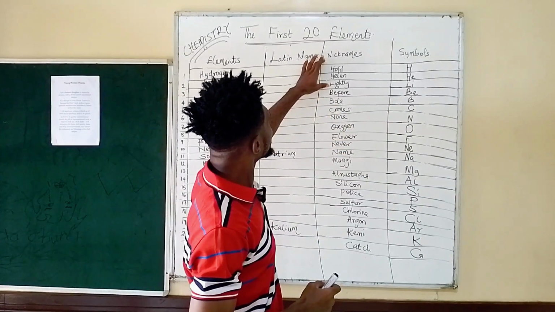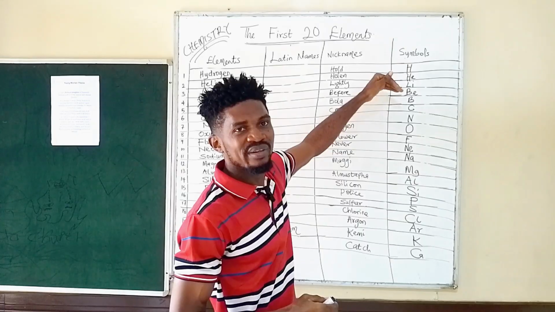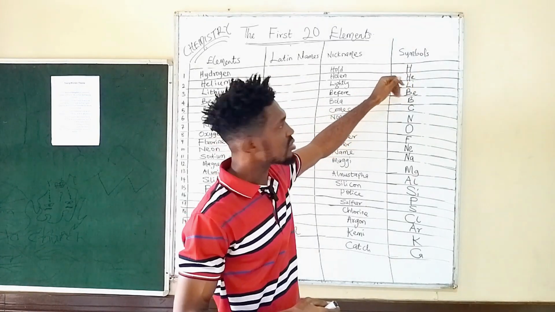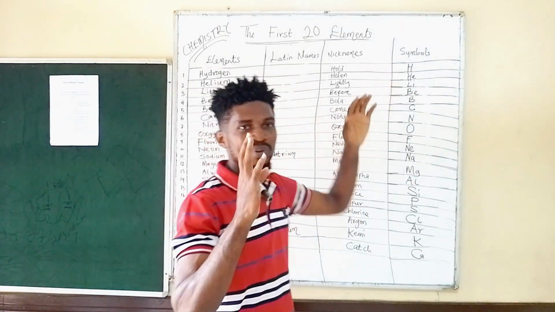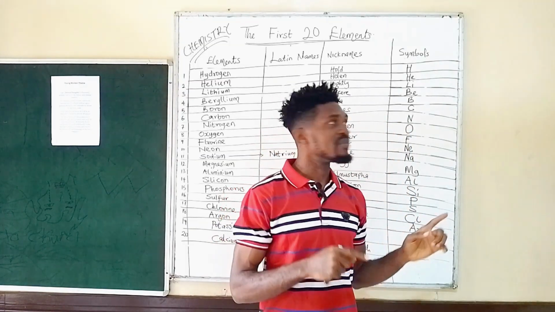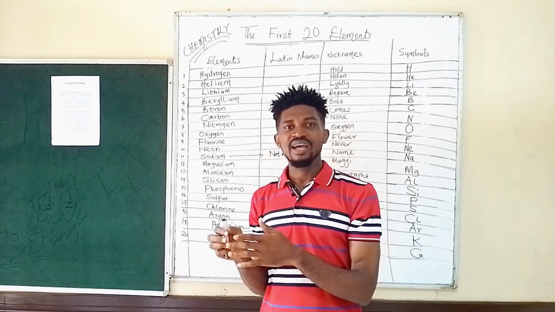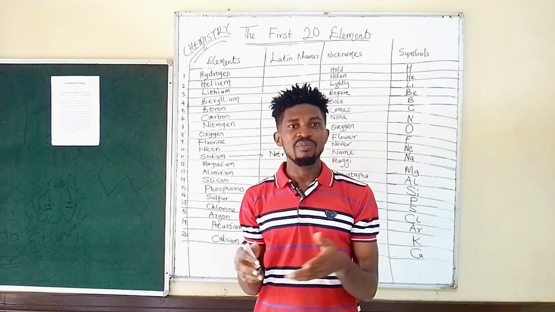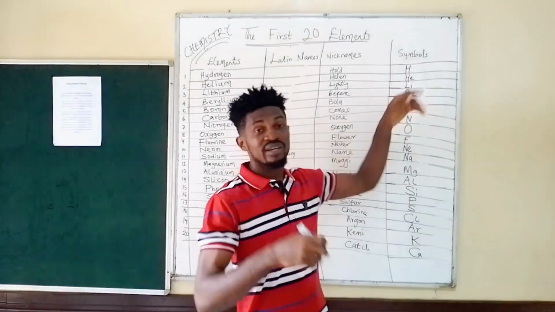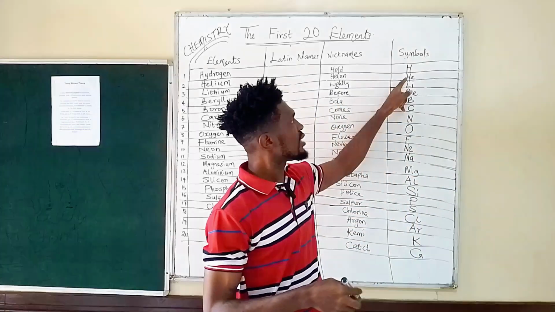When I was explaining how the symbols of elements are represented, I mentioned the first way: representing it with the capital letter of the first letter of the element. The second is the capital letter of the first letter of the element and another lowercase letter, like HE.